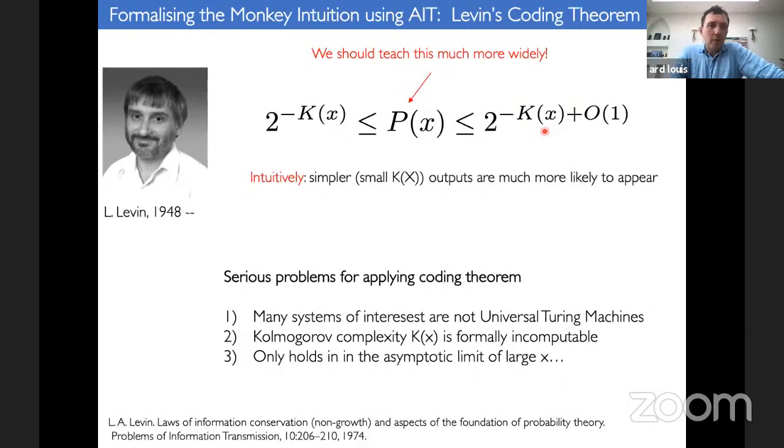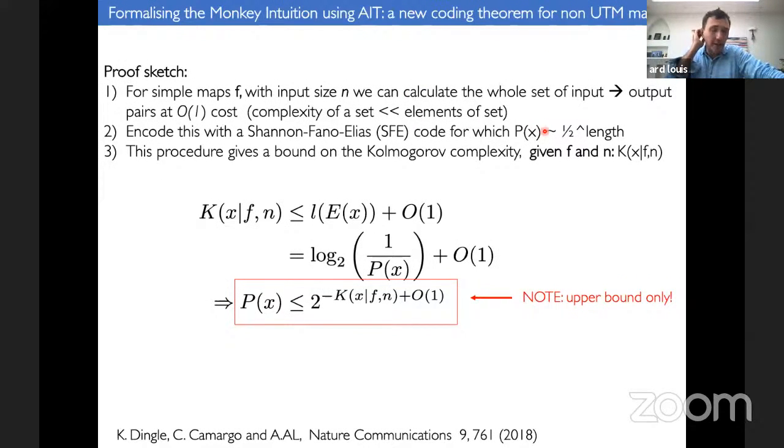Now, physicists will often look at these kinds of things, and we're used to deriving particular scaling arguments in certain limits and then applying them nevertheless outside of the formal region where they apply. So with some students, I started working on this, and we were also interested in looking at neural networks, at maps that are not universal Turing machines. And we came up with the following argument, which is a proof sketch: I can take a simple map, an input-output map, where I can calculate in principle all outputs, so it's a computable map.